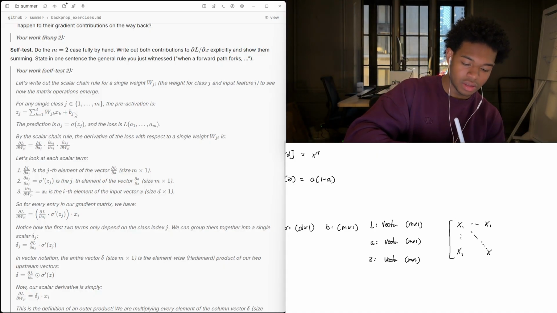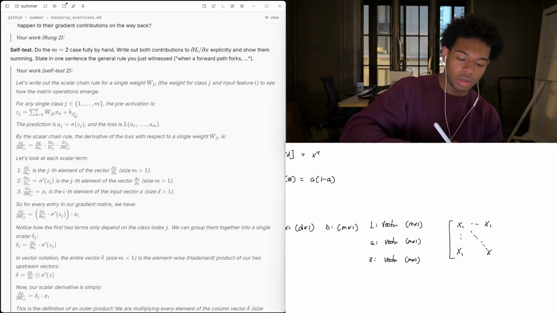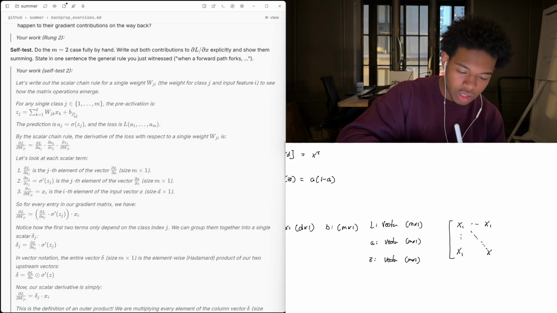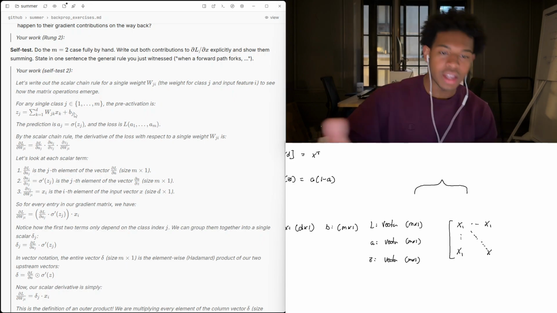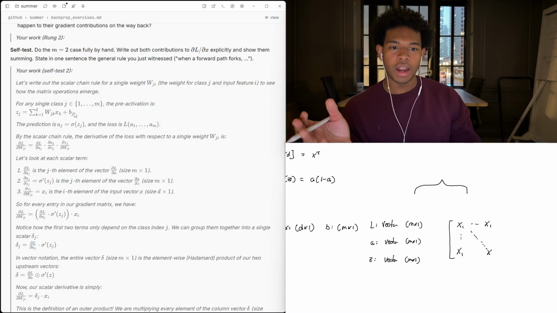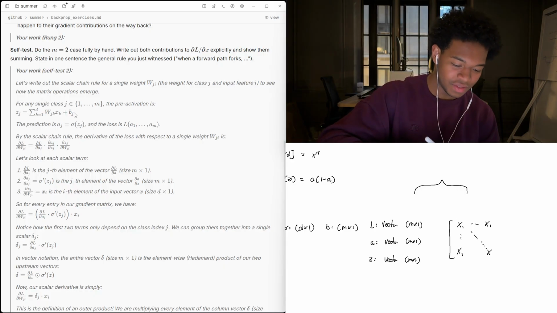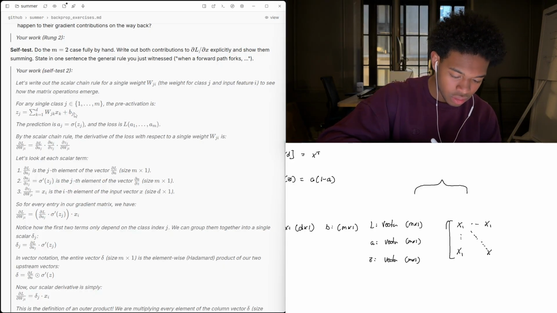Let's see. I'm extremely bad at drawing this. I don't even know what the shape is. Maybe today's the day I learn it. Okay.